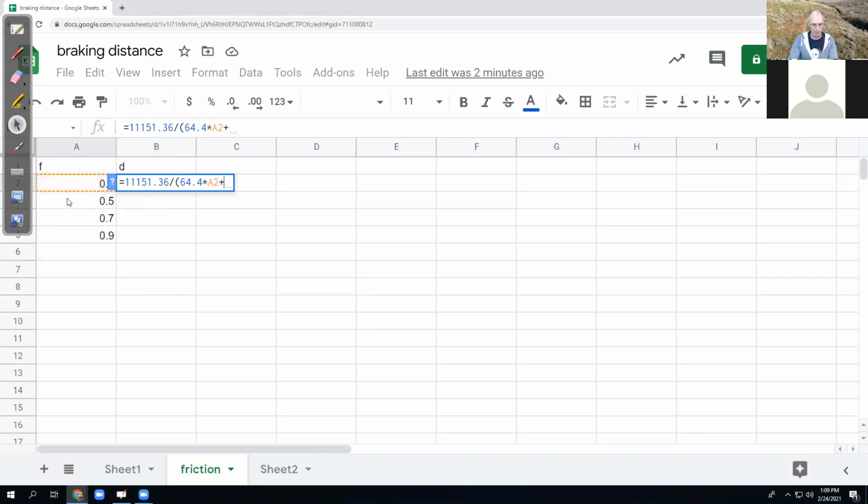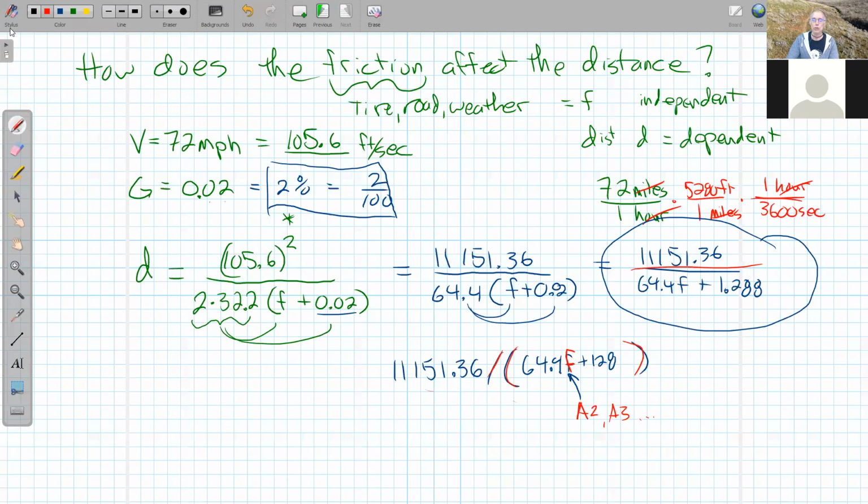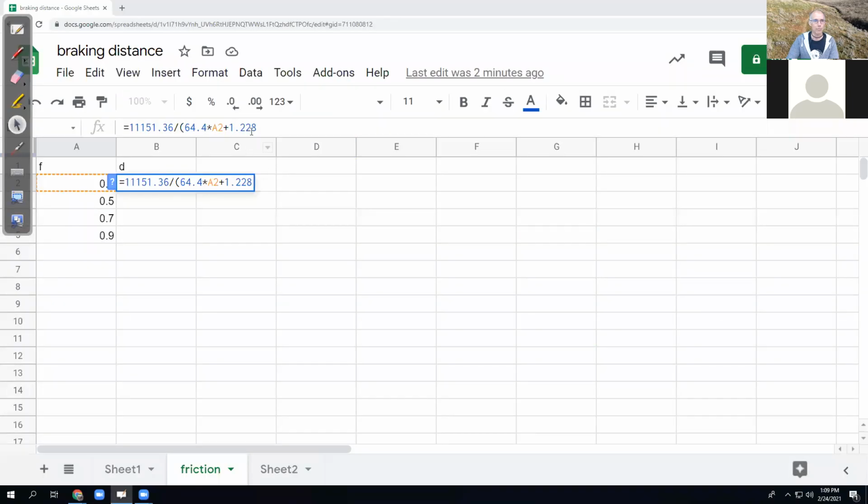And then add on my 1 point, what was that? 228 or 288? 288. And then close the parentheses.